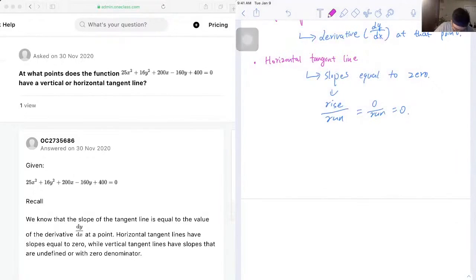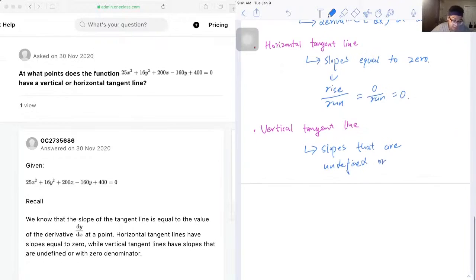And we have lastly the vertical tangent line. So the slopes for vertical tangent lines are undefined, or we say with 0 denominator.